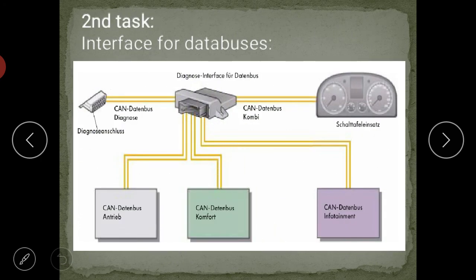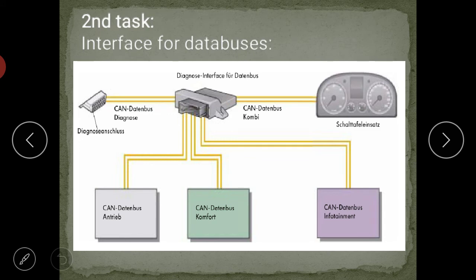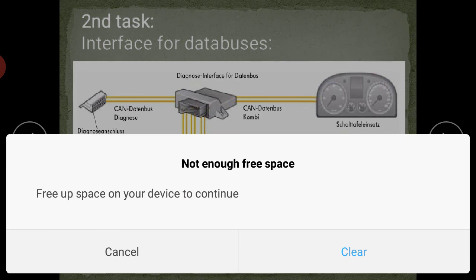Now, what is the second task? Interface for databases. We have different databases, and the gateway provides an interface for the different databases.